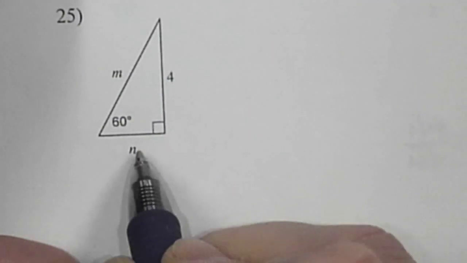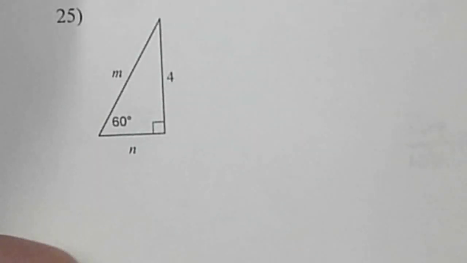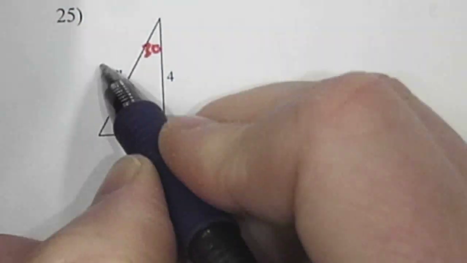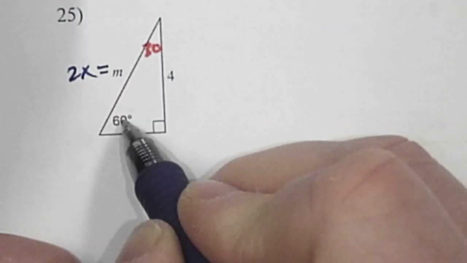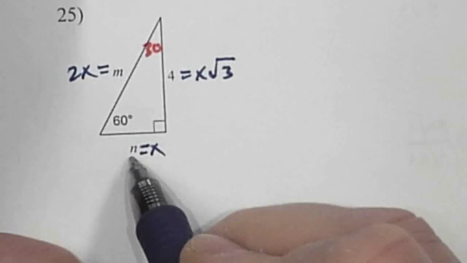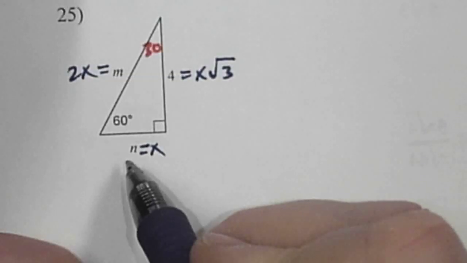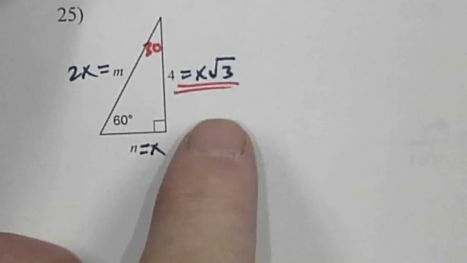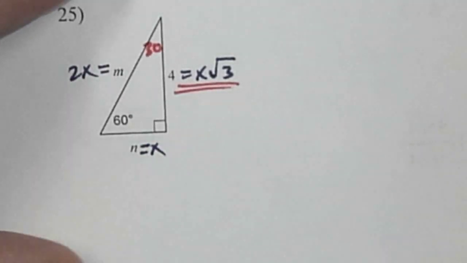All right, I have n's again, so I'm going to change them up. This is 30. So as I go opposite 30, I get x. Opposite 90, I get 2x. Opposite 60, I get x square root 3. I change it to x because there's already an n. My only problem is here. 1 variable there, 2 in those.